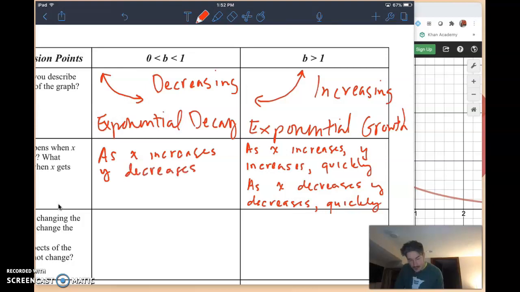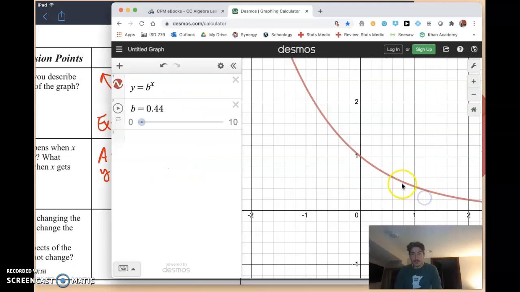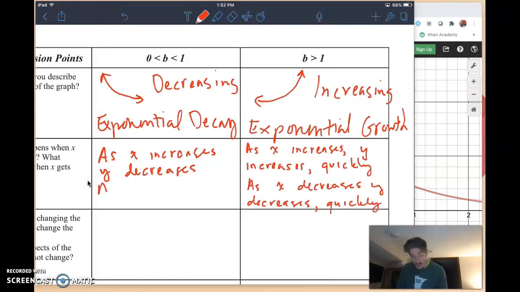It starts decreasing very quickly, but, especially if you refer to the stuff from yesterday, it decreases kind of slowly toward the end. So maybe just something to take note of. And then, of course, if we work the opposite direction, as x decreases, now as we read from right to left, we notice that y increases very quickly.